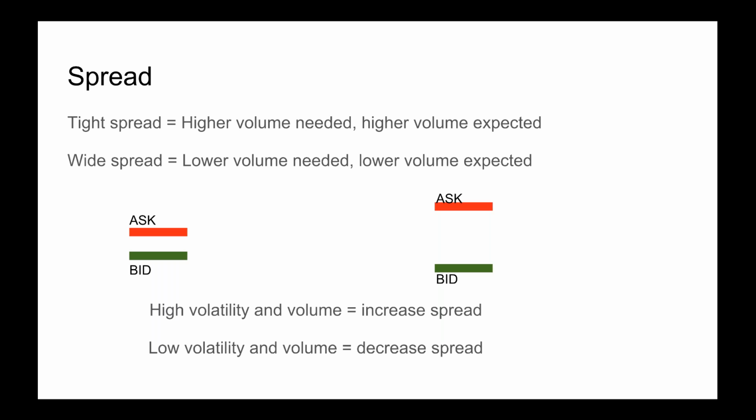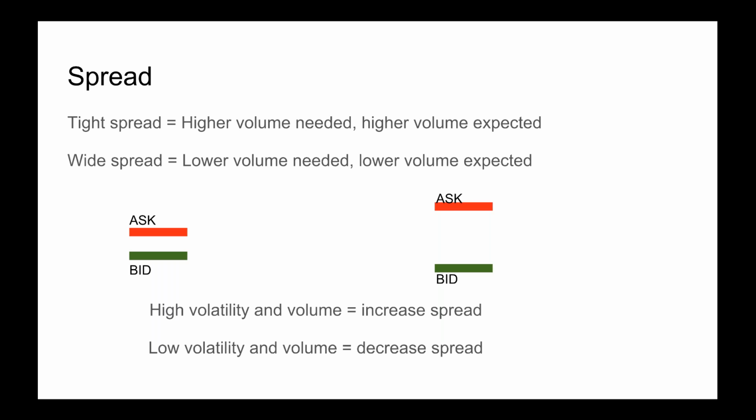But when the spread is tighter, they expect a higher volume because a lot more trades are feasible for users. The prices are more attractive. When the spreads are wider, they can make the same amount of profit on lower volume, but it also results in lower volume because a lot of traders look at the spread and say, that is not worth it for me to trade.